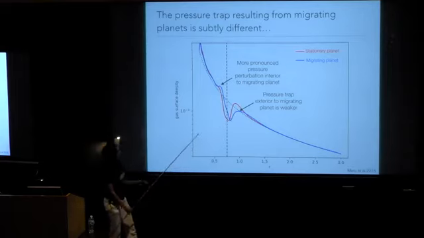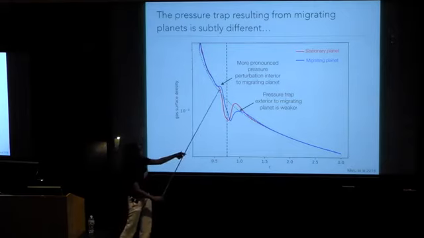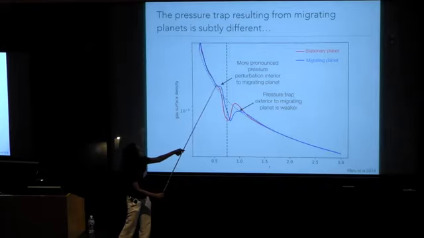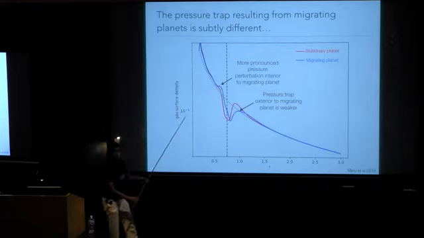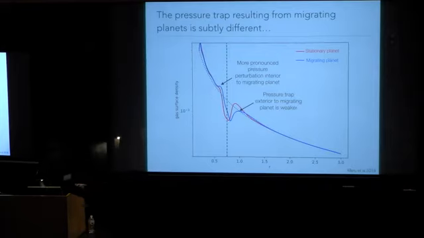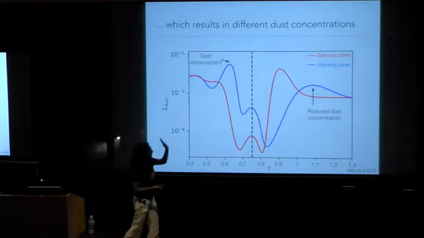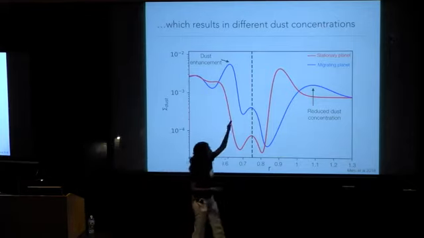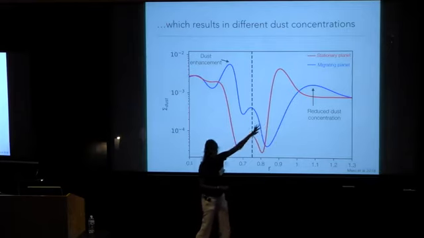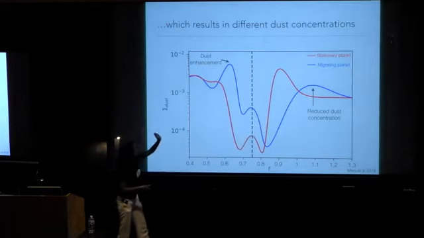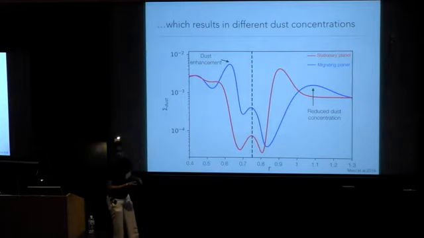And the second aspect that's different, and this is a very subtle difference in the gas profile, is that you actually get this sort of little plateau in the blue line when you have a migrating planet. So just a minor difference in the pressure profile. But the difference can be quite significant. In the outer part, that reduced pressure maximum results in a reduced dust concentration, and the inner part can lead to a dust enhancement, as you see in the blue line.